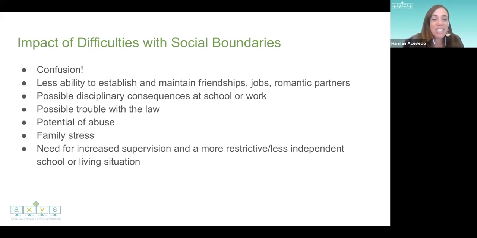There's also potential for disciplinary consequences at school, trouble with the law, or possible abuse. It can be really stressful to the family, and it also can lead to more need for supervision and less independence as an adult.